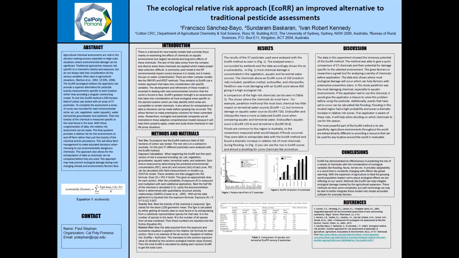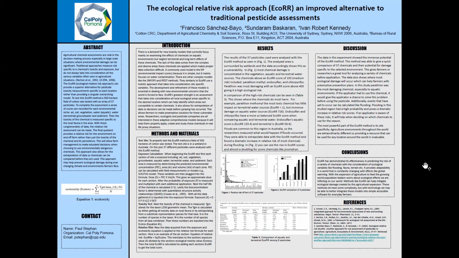The ECO-RR approach is really holistic and takes into consideration many different variables. I'll go into those variables and the methods so you can see exactly how this method is used. But a key takeaway is it really is specific to the desired location you want to make this test for.